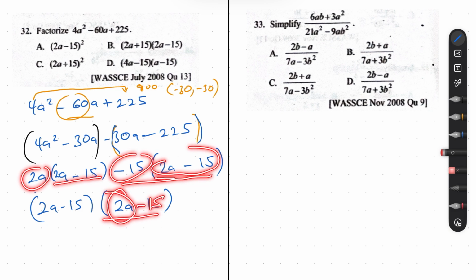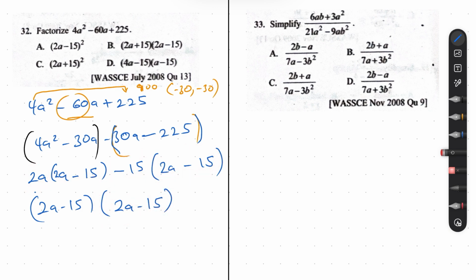So that's how we get to this side. So 2a minus 15 multiplying 2a minus 15 means the same thing. So we can rewrite this as 2a minus 15 squared. Okay, cool. So that is our answer, which is a.